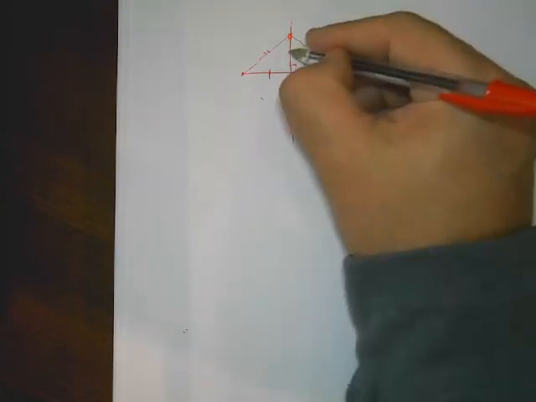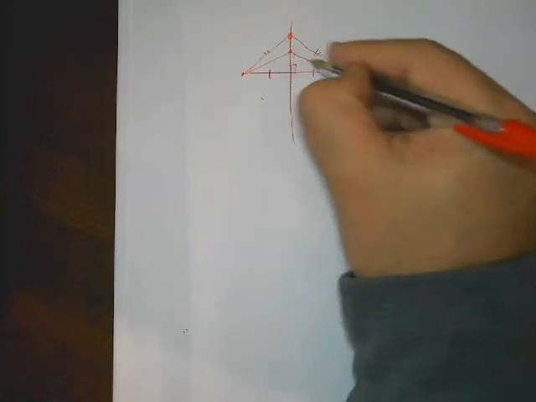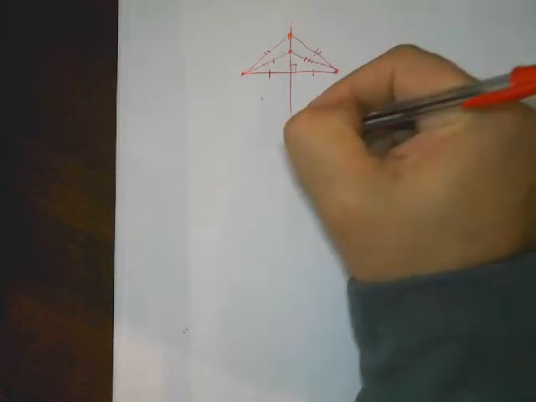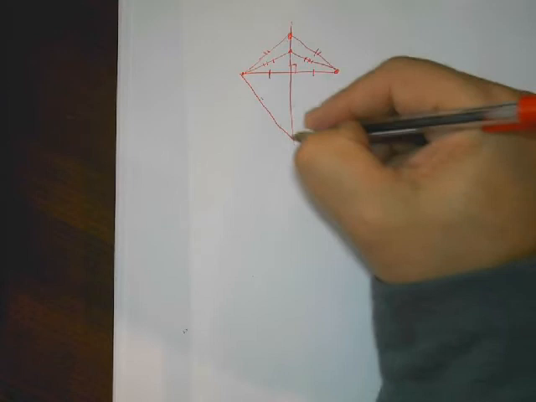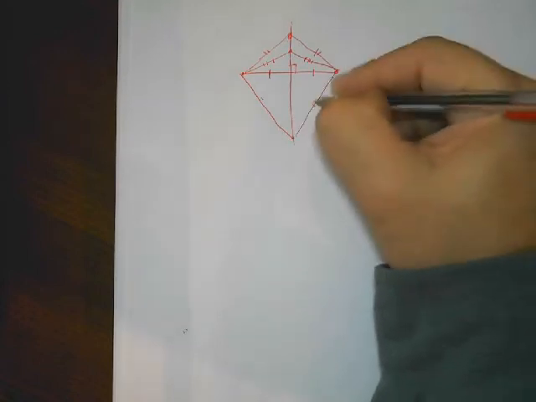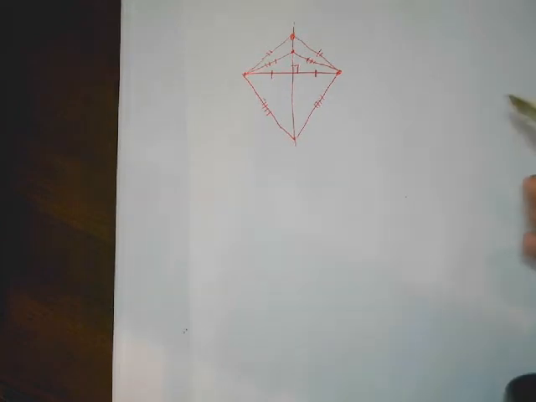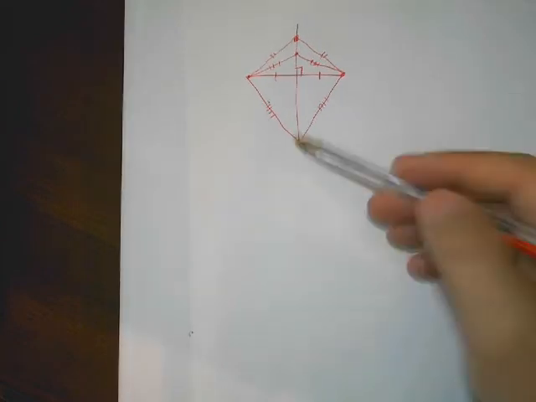So it could be here, and it's equidistant. It could be way down here, and it's equidistant. Okay, so if it lies on the perpendicular bisector, it's equidistant. And also, if it is equidistant, then it happens to be on the perpendicular bisector.